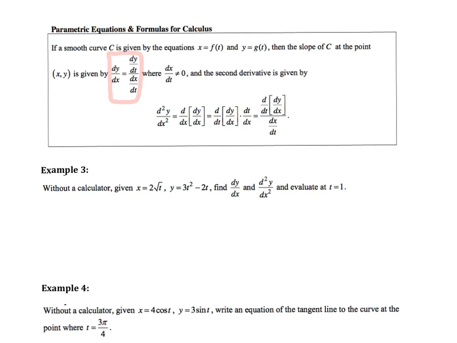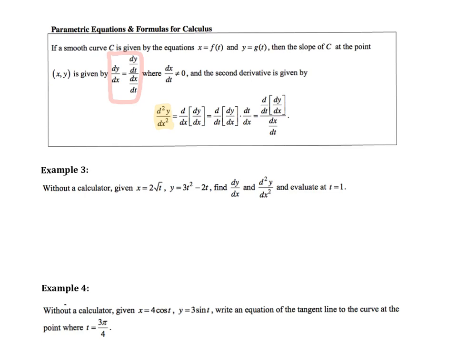Now the second derivative is a little more complicated. Remember our notation here for our second derivative. It is going to be equal to the derivative with respect to x of dy dx. The issue is when you have dy dx, it is most likely going to be written in terms of t due to the parametric nature of these equations.